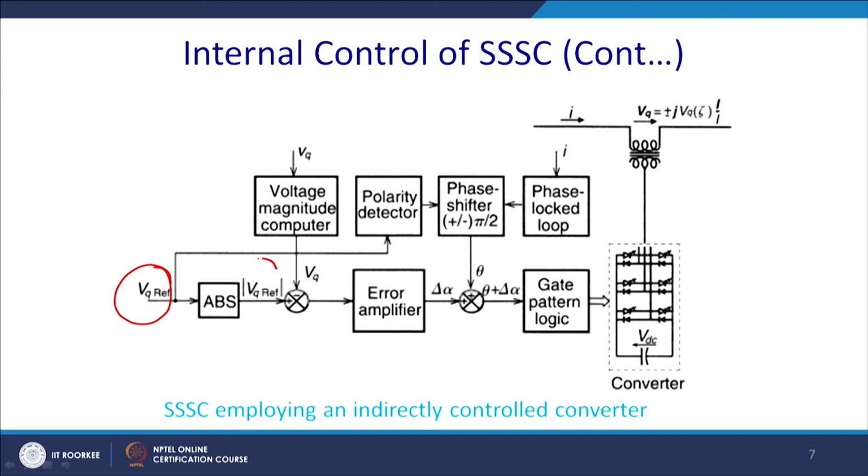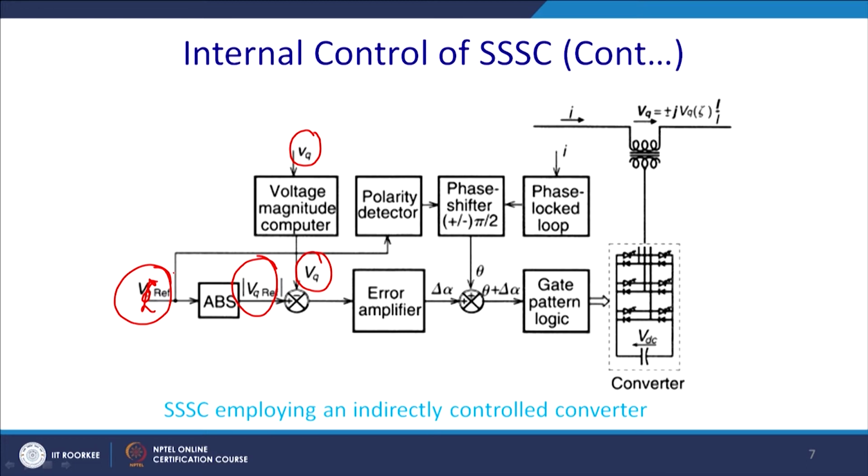So, you get a VQ ref, and you have the VQ, and from there you have sensors. The voltage magnitude computer measures the VQ. So, you can write capital VQ or VQ star, and then it is subtracted from the actual VQ.